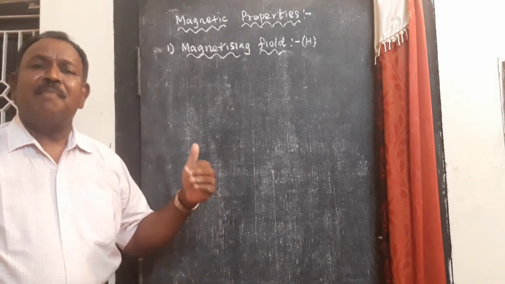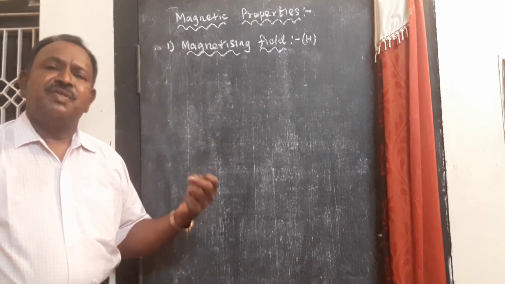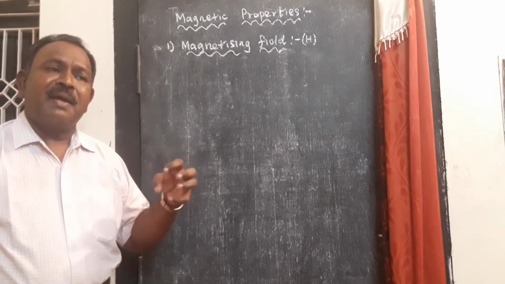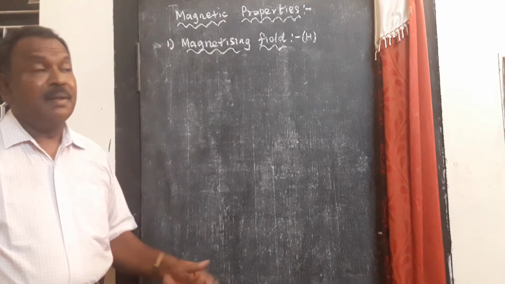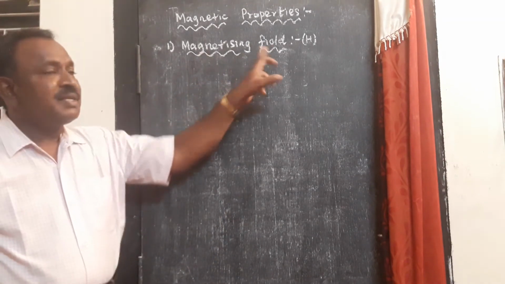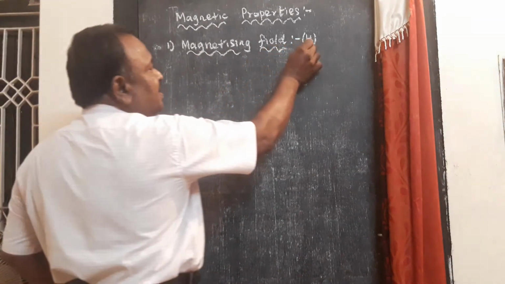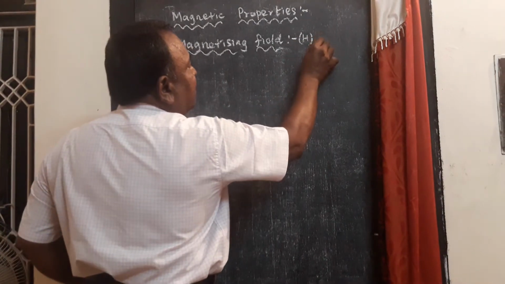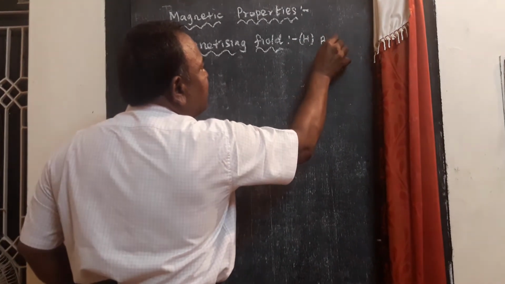So the external magnetic field, which is used to magnetize a magnetic material, is called the magnetizing field. It is represented as H and its unit is ampere per meter.